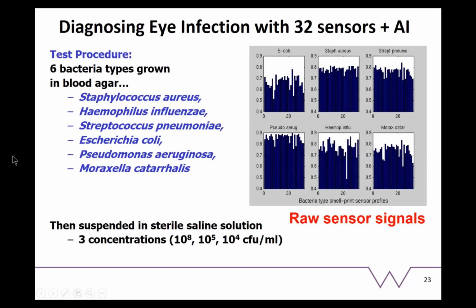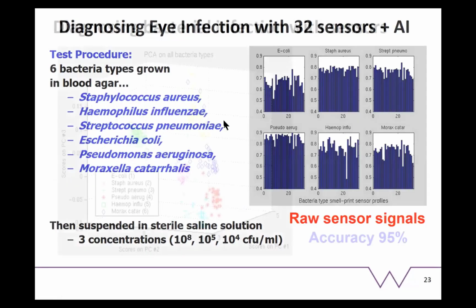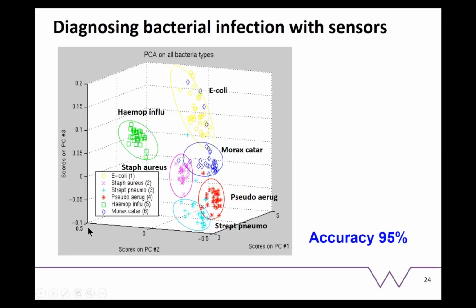And we were able to actually classify different bacteria using our electronic nose, again just showing this simple principal component space, which isn't a proper pattern recognition method, but it just shows you we've got some separation, but it's not 100%. So the accuracy of these noses is not 100%, but typically in the 90s as a percentage point.